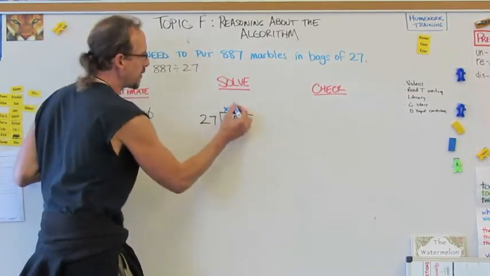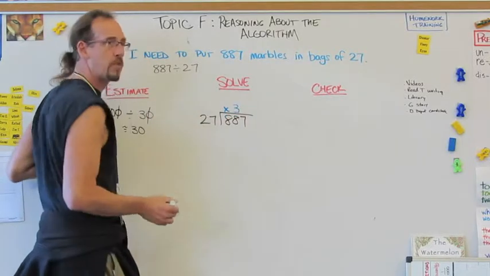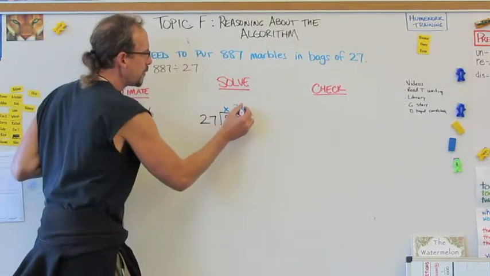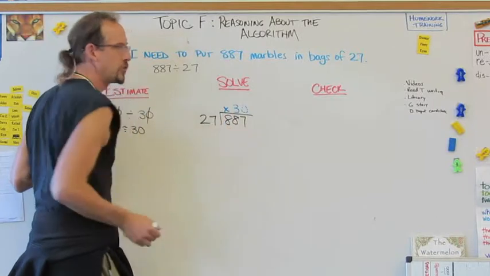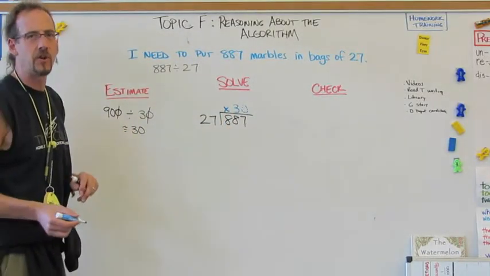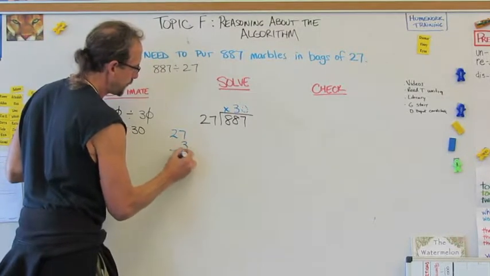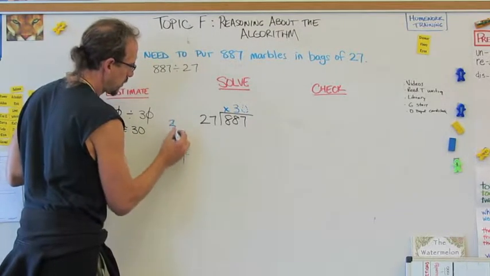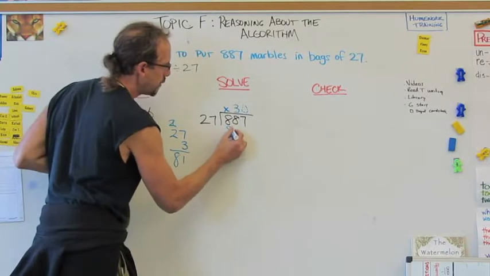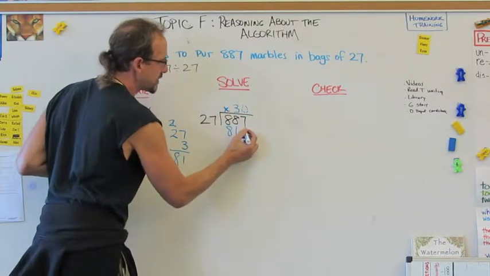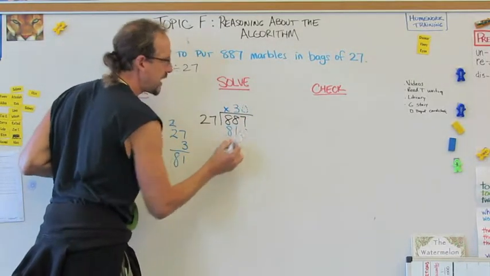There's my estimate, so that's what I'm going to use. I'm going to put the 3 up there, and I'm going to put kind of a ghost 0 there to show that I know that that really means 30. And 3 times 27 is 81. But really it's 30 times 27, which would be 810.